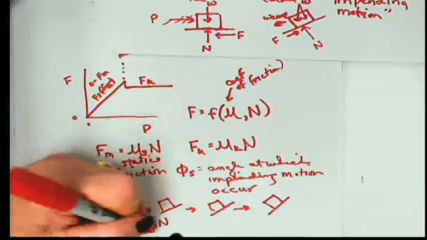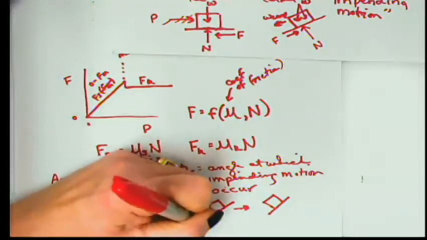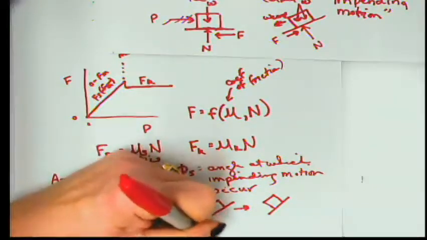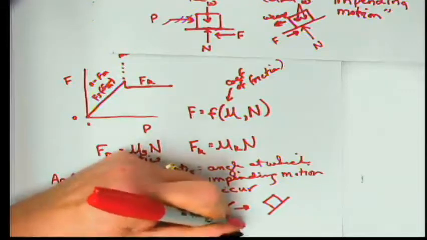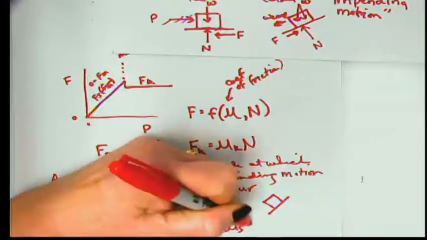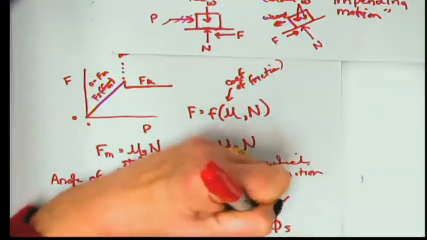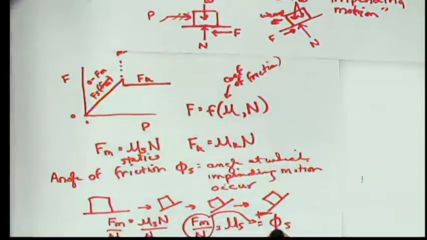And if we divide both sides by that normal force, we get F sub m over n is equal to mu sub s. And this value is called the tangent of the angle of static friction.